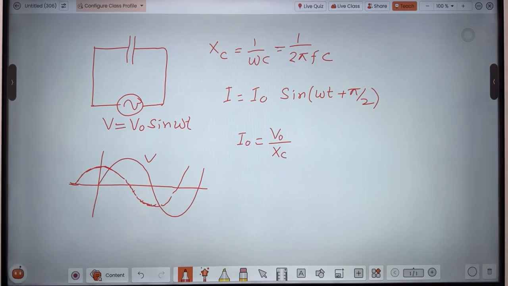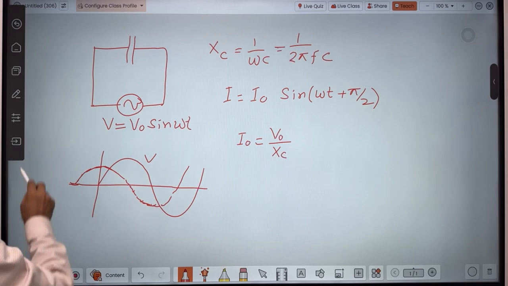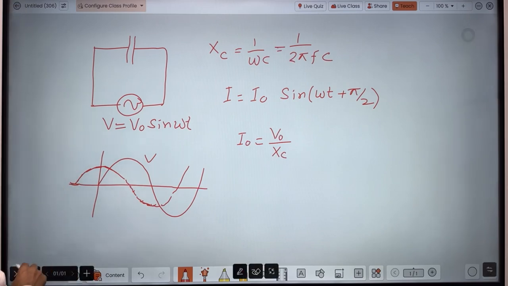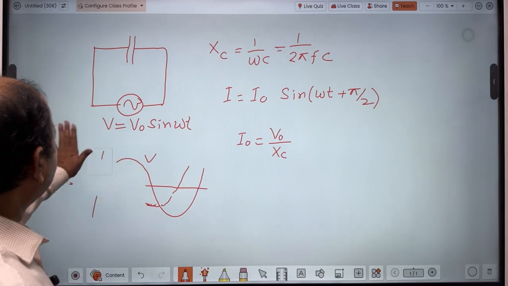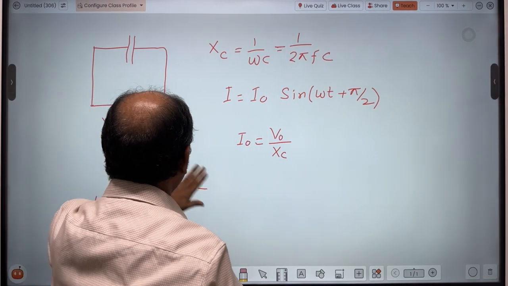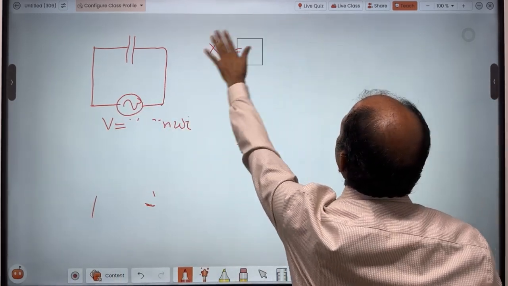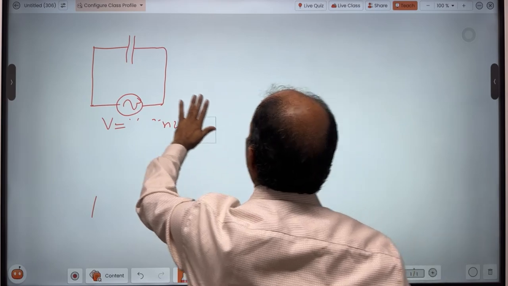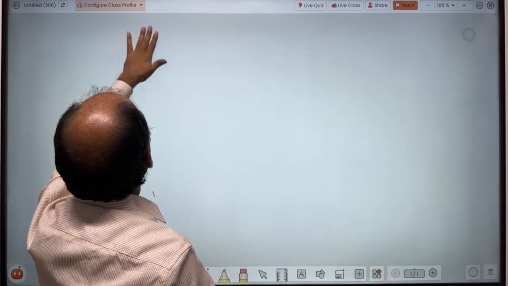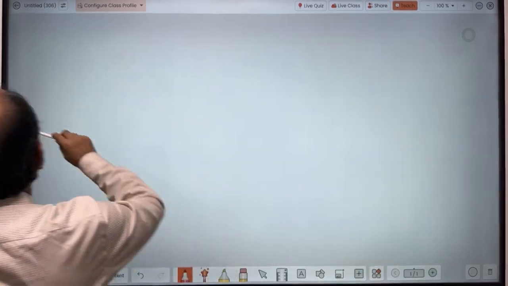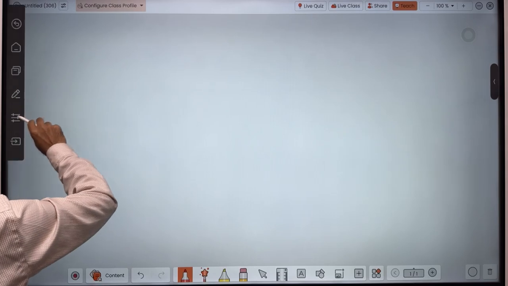Like this, right? Now we are going to study LCR circuit. So what is that? LCR circuit means inductance, capacitance and resistance, all three will be connected in series with the AC source.